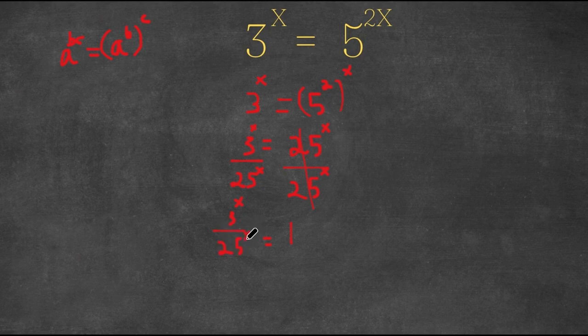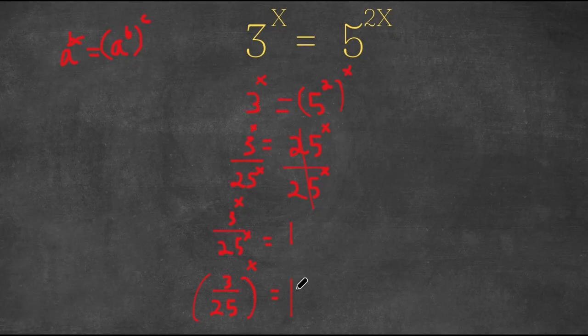Now, whenever we have our numerator going to the power of an exponent and our denominator going to the power of the same exponent, we can rewrite this as 3 over 25, to the power of x, equals 1. Because the x just applies to all our numbers here. So this is equal to this.